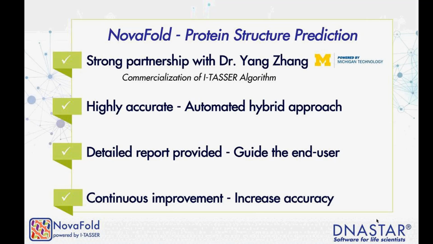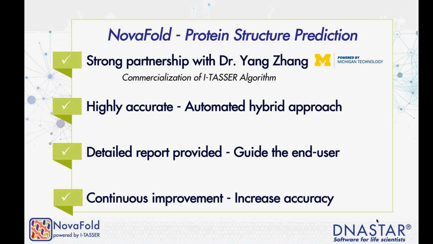In order to make sense of the result of these predictions, we have generated very easy-to-use reports. It'll help guide the end user towards using the best structural model based on certain statistics, so they have a good starting point to then do further protein engineering, construct design, or mutation.